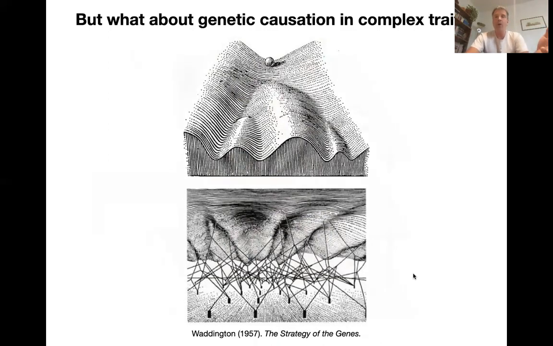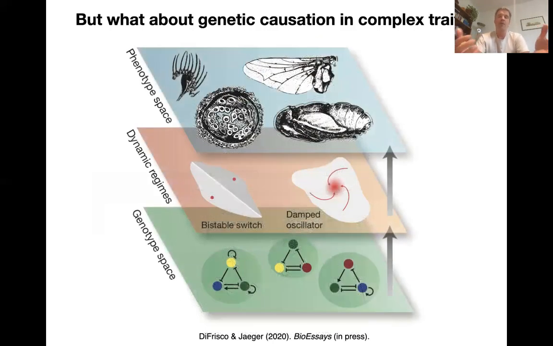Or in more modern terms, you have a depiction of the genotype-phenotype map here, with gene regulatory networks underneath, these molecular regulatory processes and all that, phenotypes on top, and then this space of dynamic regimes in the middle that mediate this complicated effect.